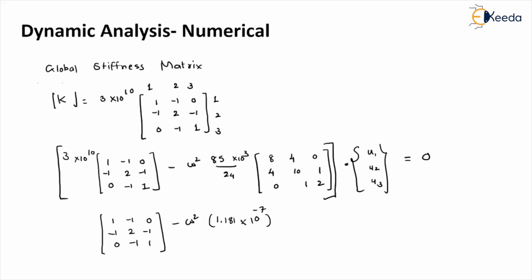This matrix will remain the same: 8 4 0, 4 10 1, 0 1 2, into the displacement vector u1 u2 u3 is equal to 0.